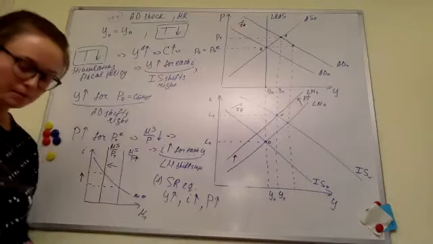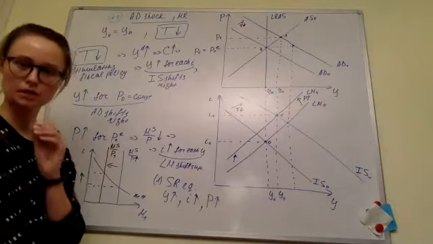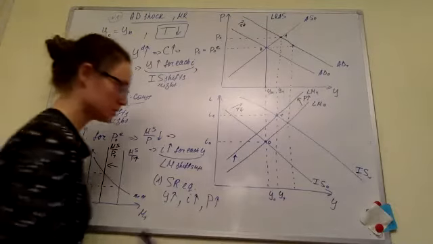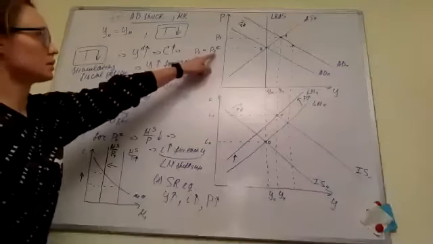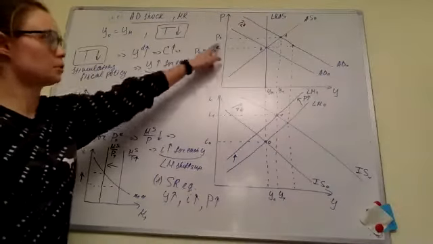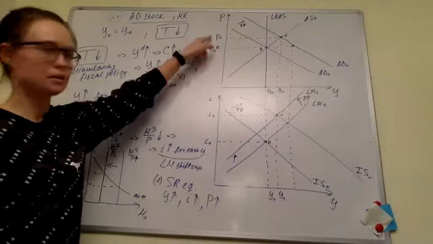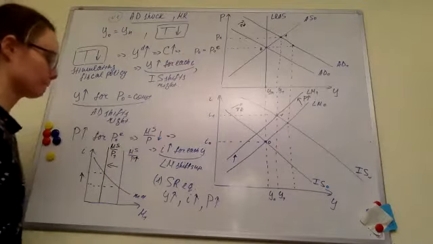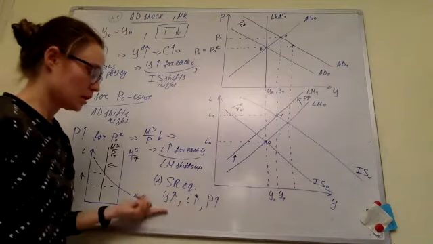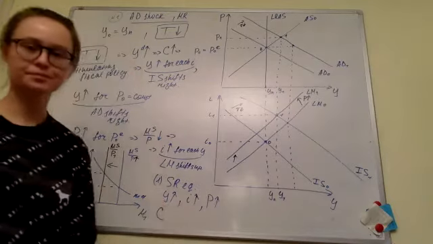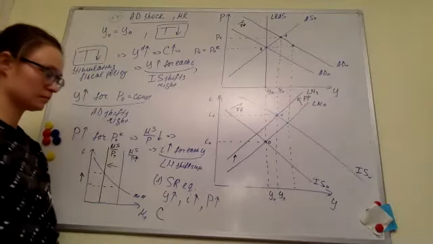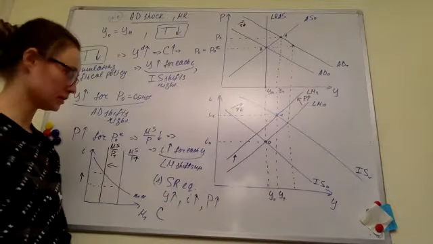Prices go up, but expectations now stay constant. So you see, people expect lower prices than they are now. Then, what can we say about consumption? Consumption should increase. Exactly.